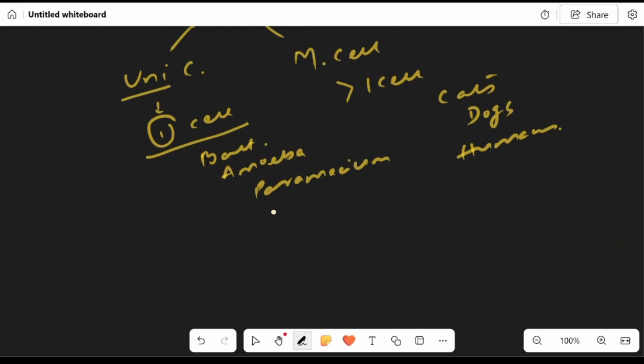So the unicellular organism, or the single cell, is capable of carrying out all the functions required by the organism. It conducts all the functions required by the organism, and it has its independent existence.